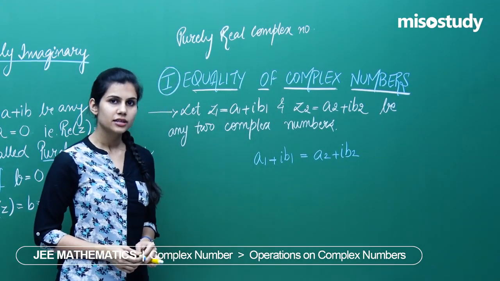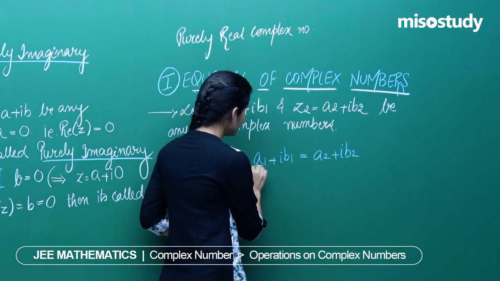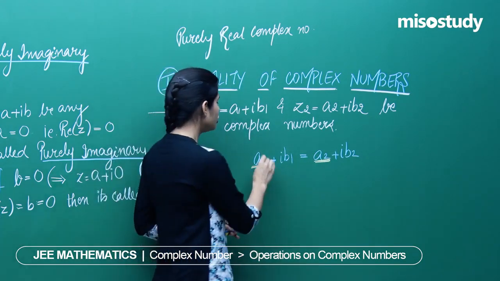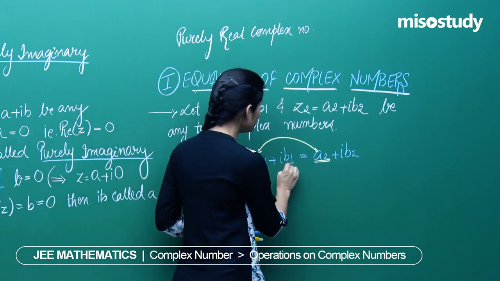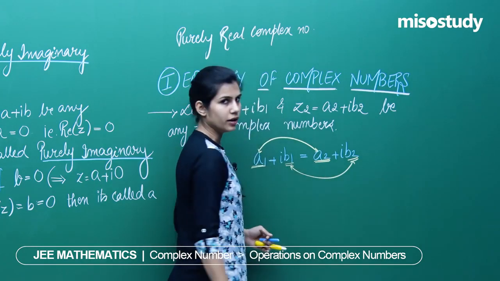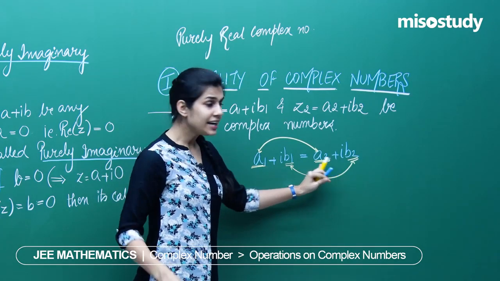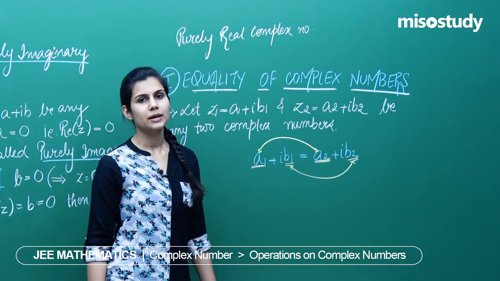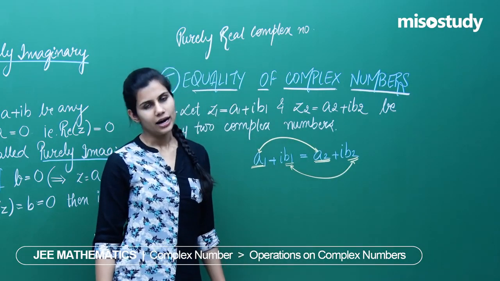Well, the general intuition says that the real numbers which are sitting alone in both the complex numbers should be equal, and the real numbers which are adjoined with iota in both the complex numbers should be equal, right? If a1 is equal to a2 and b1 is equal to b2, then I say that two complex numbers a1 plus iota b1 and a2 plus iota b2 are equal.